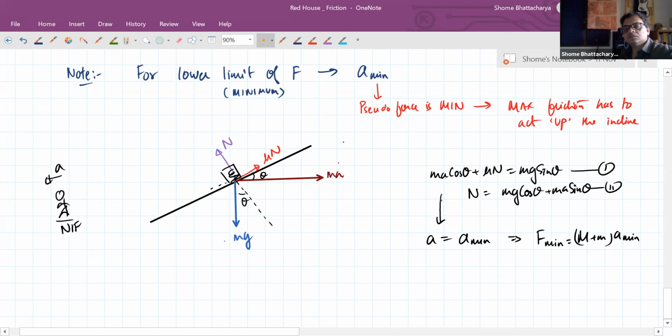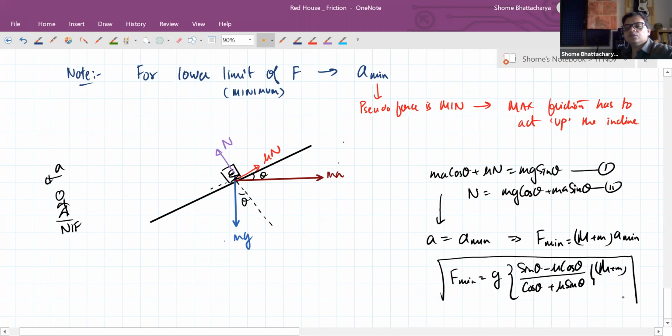When we eliminate N over here and calculate, we can see that our F minimum is becoming g into (sin theta minus mu cos theta) upon (cos theta plus mu sin theta). That is simply coming by solving equations 1 and 2. And then, of course, into M plus m, because we are calculating F minimum. Now the second case, now we don't need to do anything else.